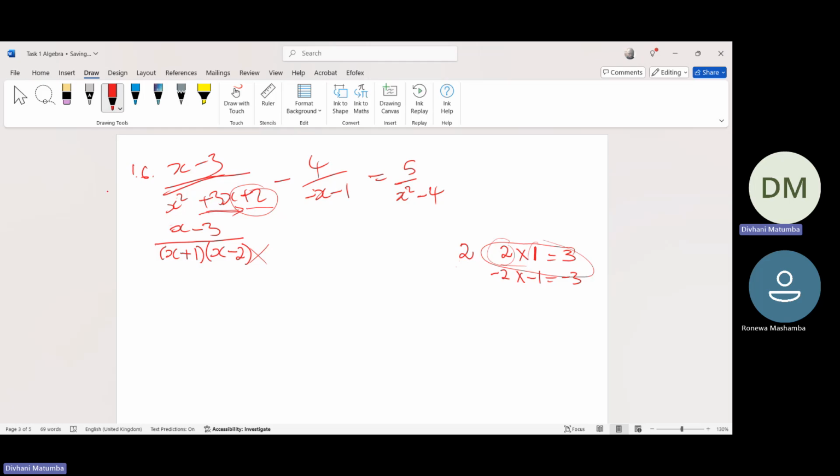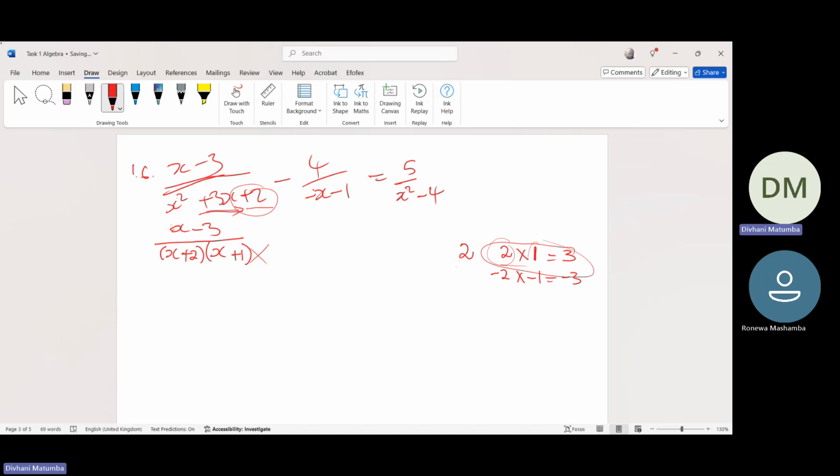Now I have the numbers that I need to put in the brackets. I'm just gonna take 2 as it is and put it in the brackets, and I will take 1 as well and put it in the brackets. Like I said, it's actually positive 1 and positive 2.